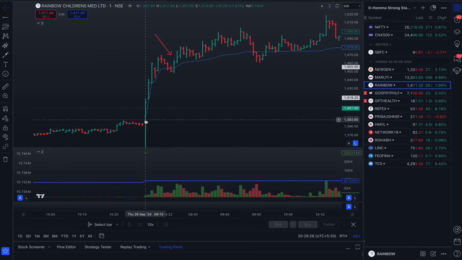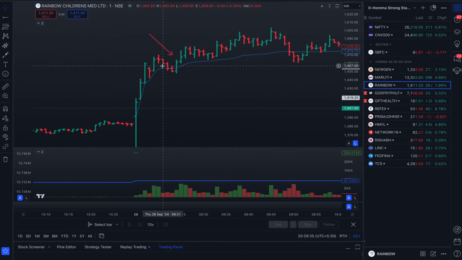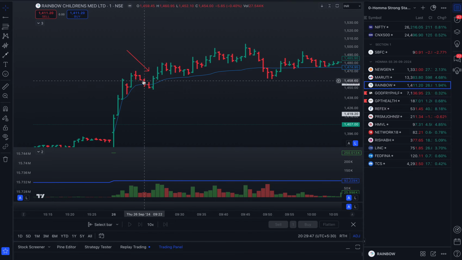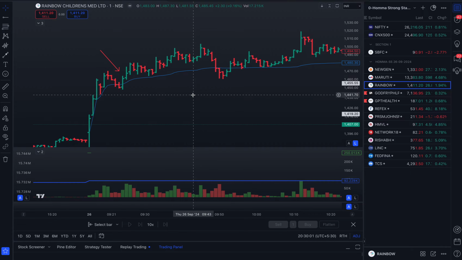So Rainbow started here at 9:15, opened very strongly, then a 4 bar correction came, a pullback came, and on this bar I entered because this bar then pierced. Sometimes the support is not exactly like a drawn support. It will sometimes clip here and there, sometimes be slightly volatile around the AVWAP. So this was where I got an entry.